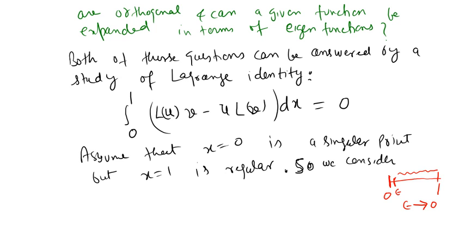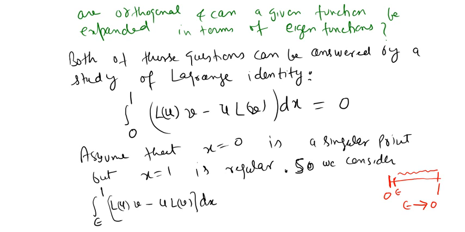So we consider the identity from epsilon to 1, the Lagrange identity. LU V minus U L V. You apply the Lagrange identity, then you simplify things.